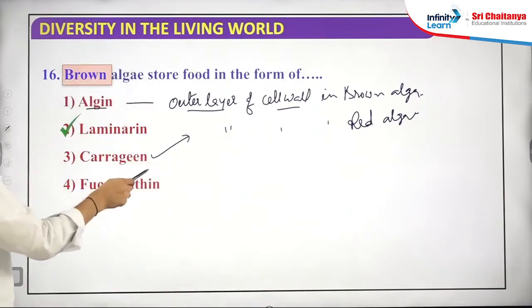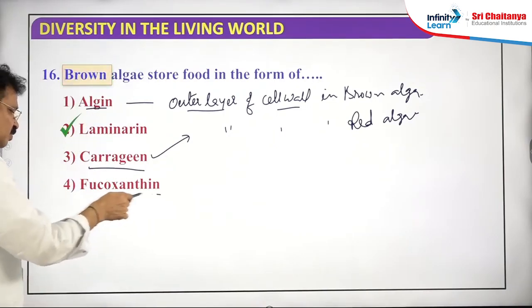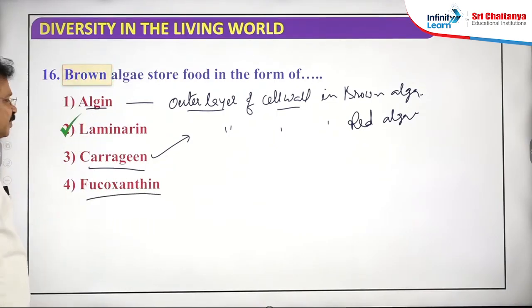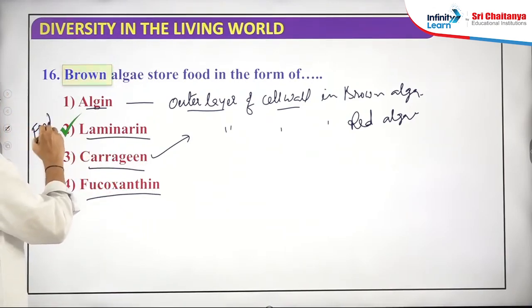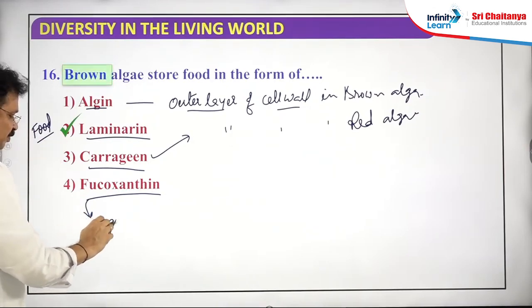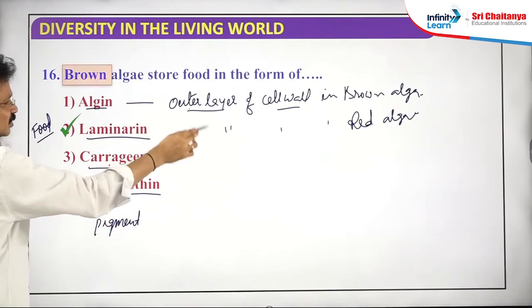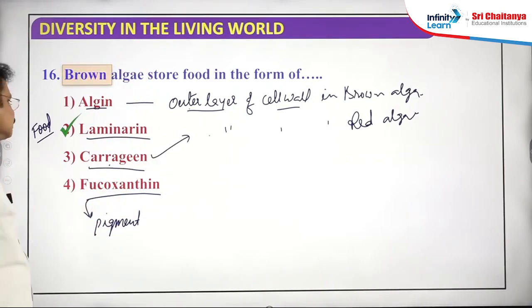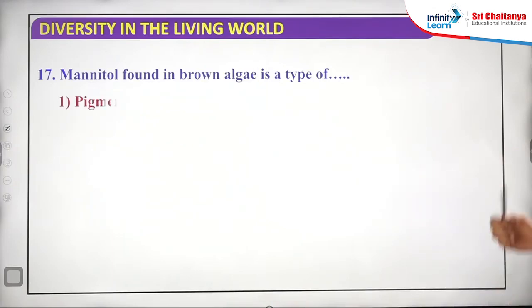So algin and carrageenan are both cell wall materials. Fucoxanthin is a pigment. Laminarin is a form of food. Carrageenan and algin are cell wall materials. Right answer, second option. Next question.